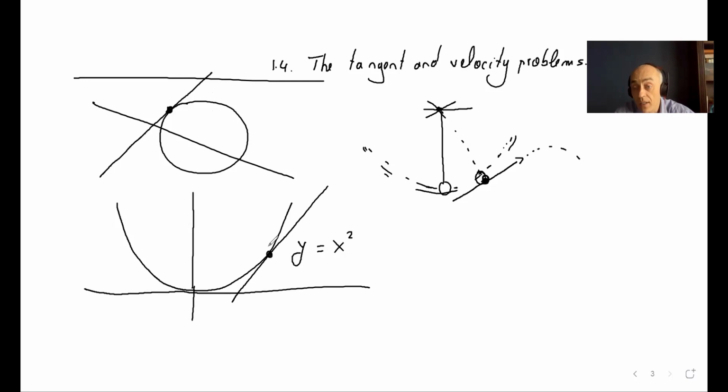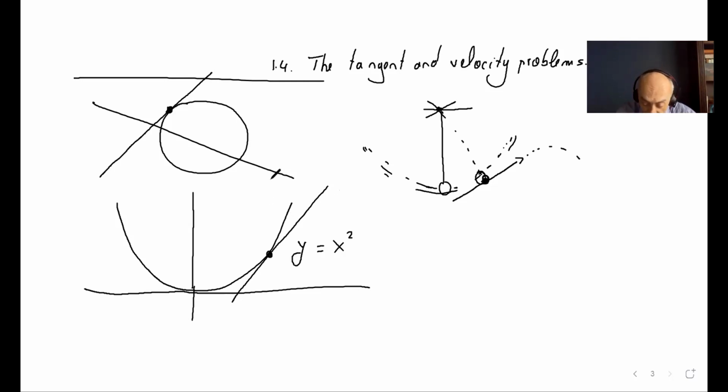But guess what? The definition that we had for the tangent line as the unique line that intersects the circle at one point is not going to work here, because for a parabola, there's a lot of lines that intersect the parabola at exactly one point. For example, if I draw what we can call intuitively tangent here, this one, that would work.